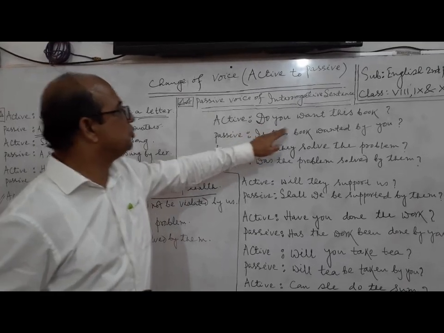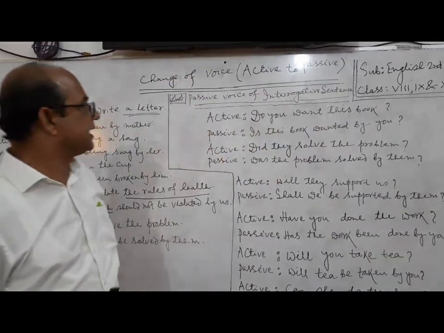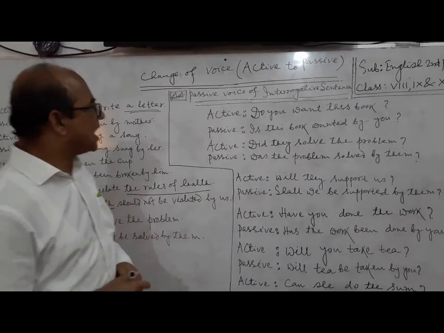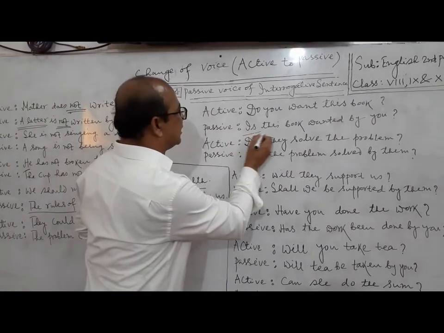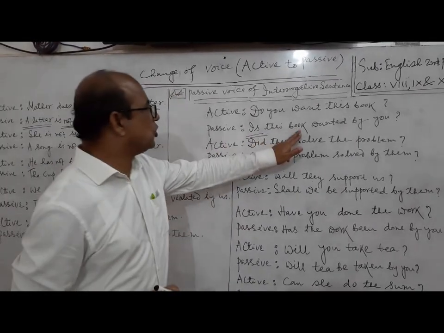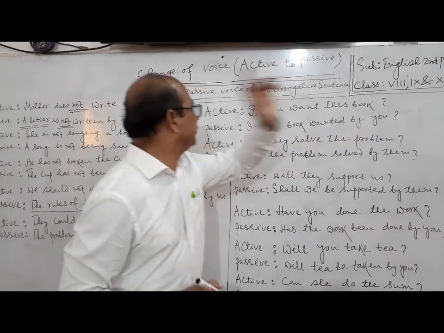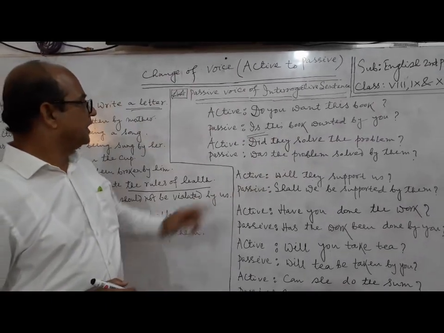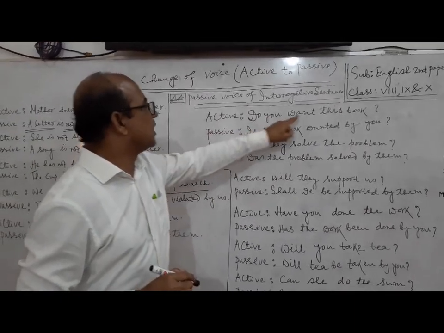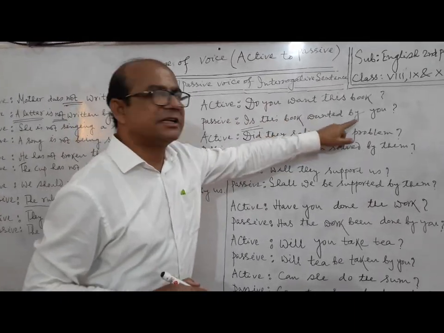So here, do you want this book? What have I done? I have just taken the auxiliary verb at first. Nothing else except this. Is this book wanted by you? Earlier I have done, suppose you want this book, this book is wanted by you.